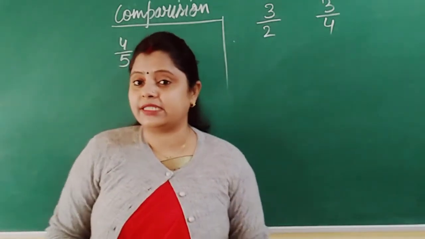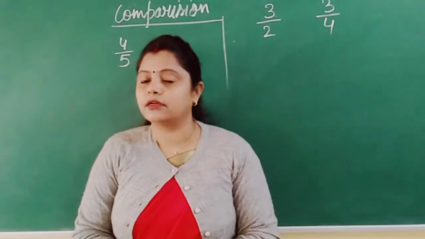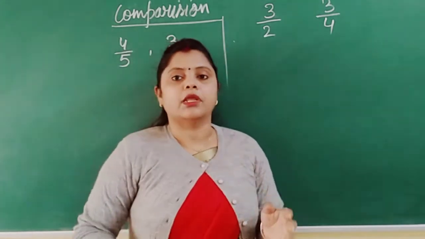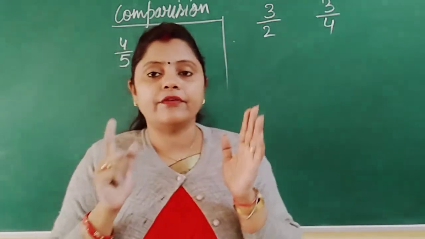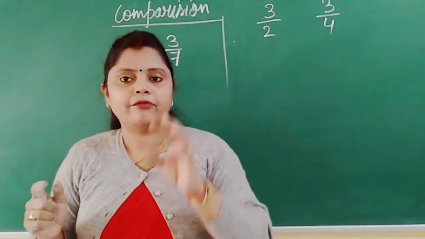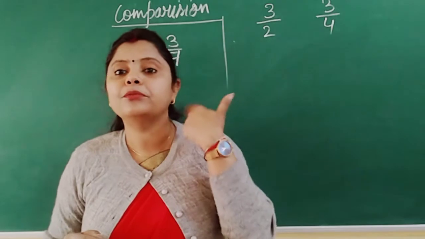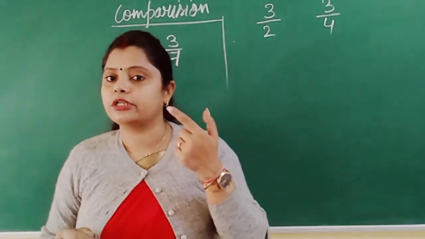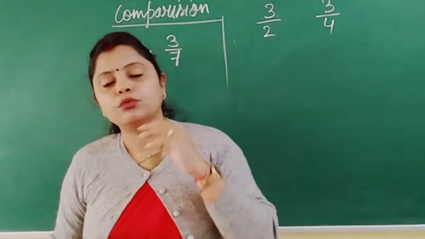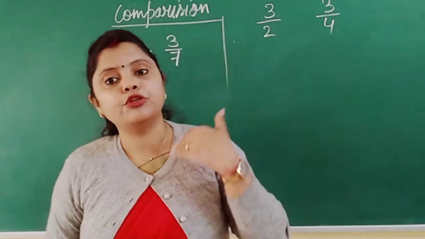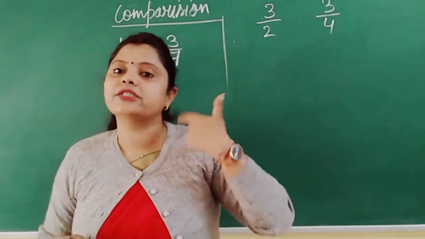Obviously some student will say, Miss, 3 by 4 is greater. But this is not the truth here. If I compare 3 by 2 and 3 by 4, here the numerators are same. In the earlier question the denominators were same, so the rule was different. But now when the numerators are same, the rule will be just reversed.